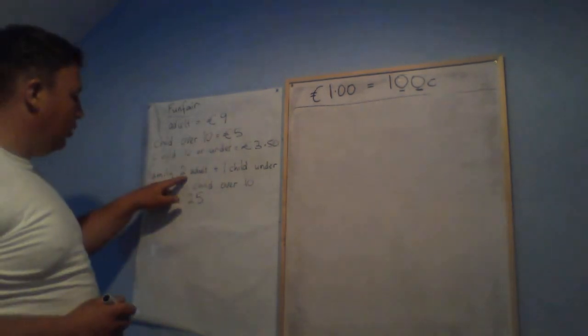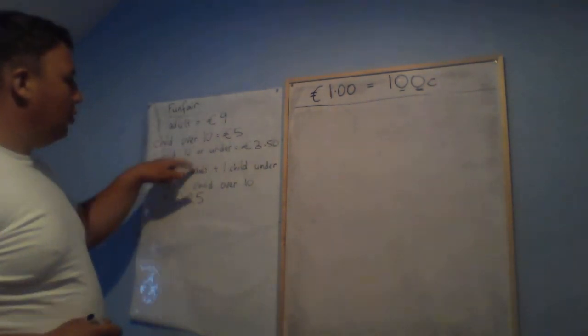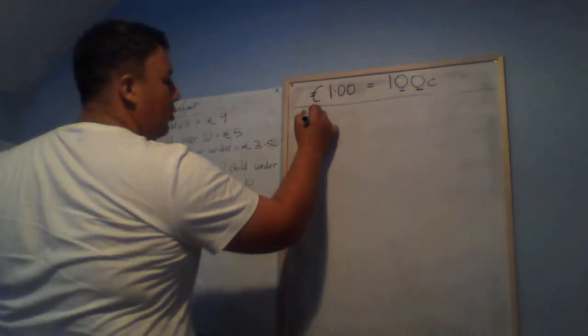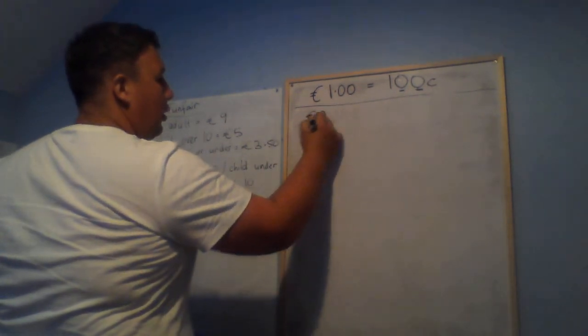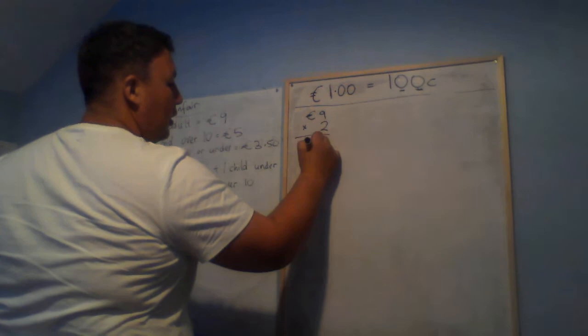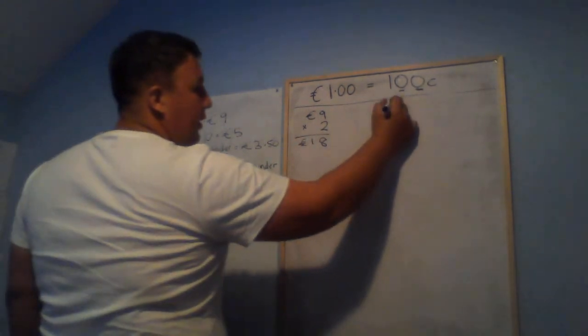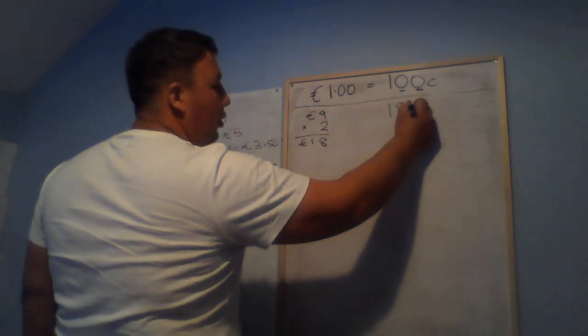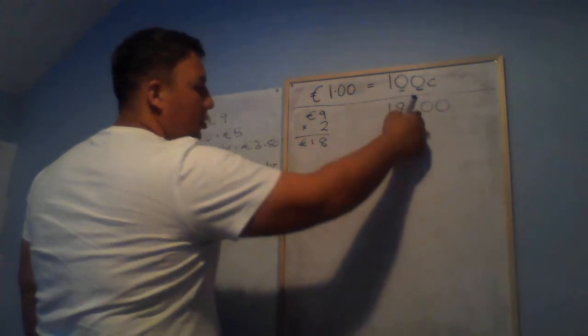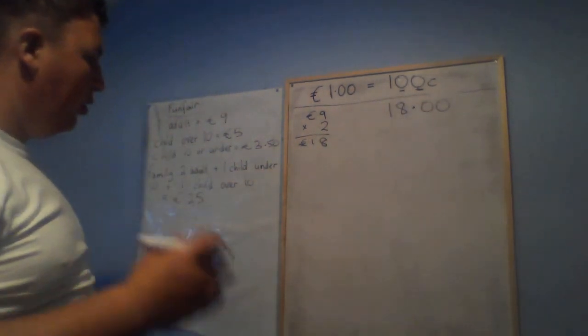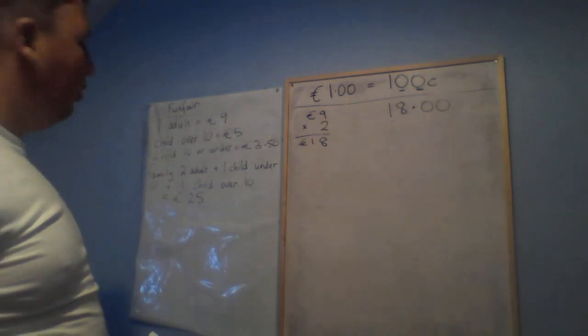So we know there are 2 adults here. So I'll just multiply it just to be sure. So 9 multiplied by 2 equals 18. €18. So we have our 2 adults is 18.00. Always use your decimal points and 00 when you're adding up or taking away.